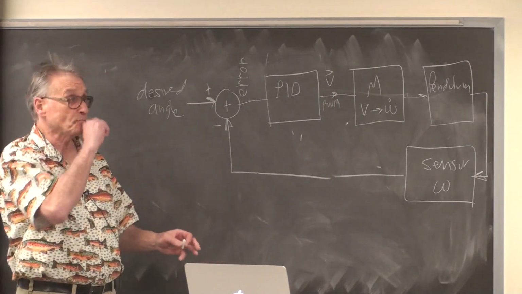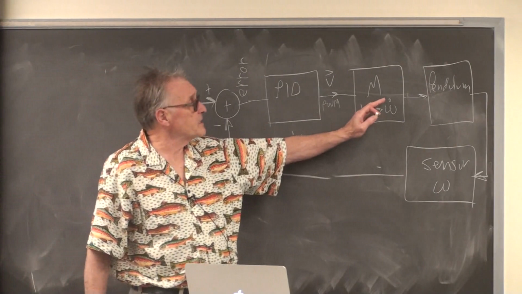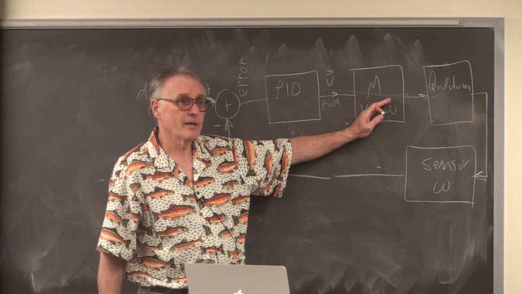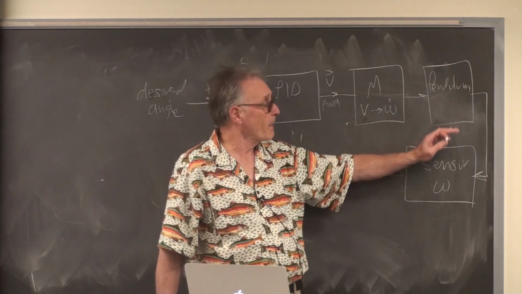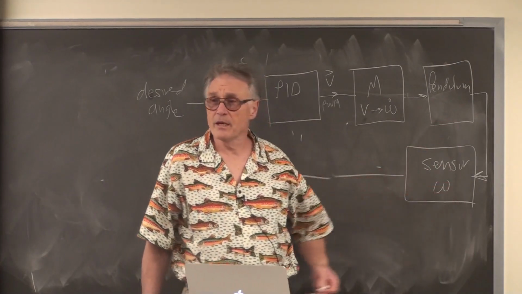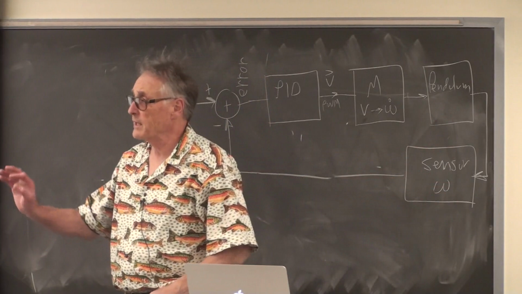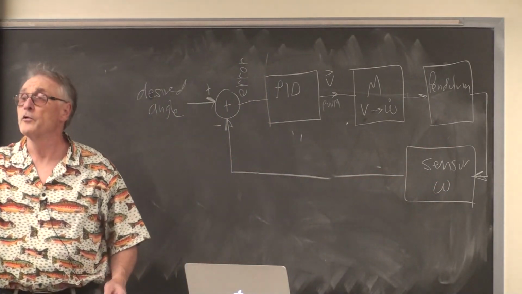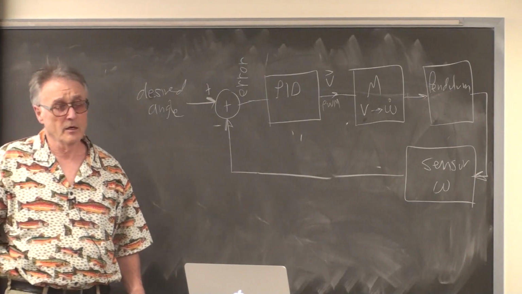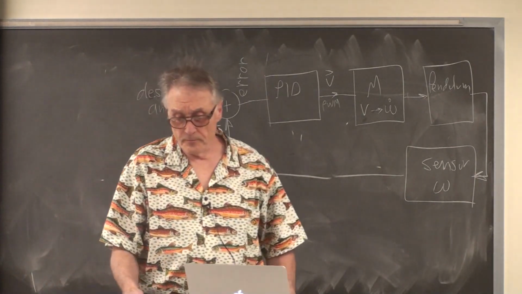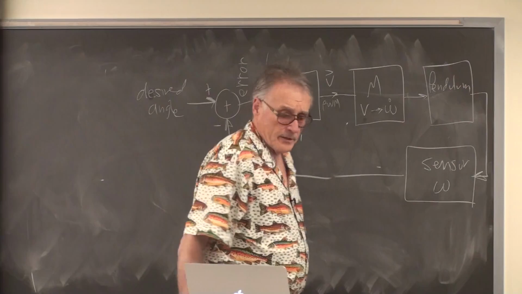But we're going to need some mathematical model for the motor. We need some mathematical model for the pendulum. The sensor is easy because it's almost a pure scalar translation from angle to a voltage through the potentiometer.